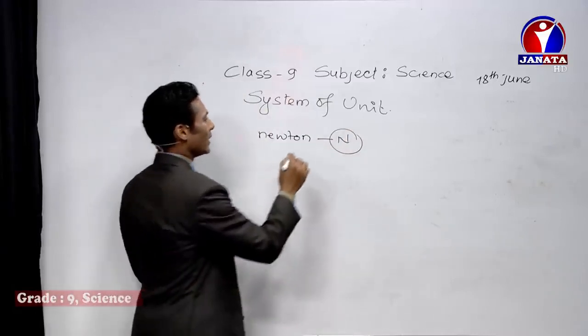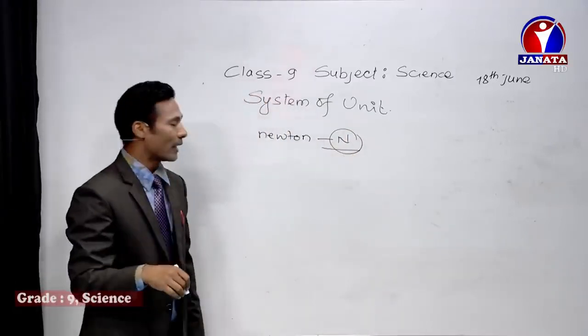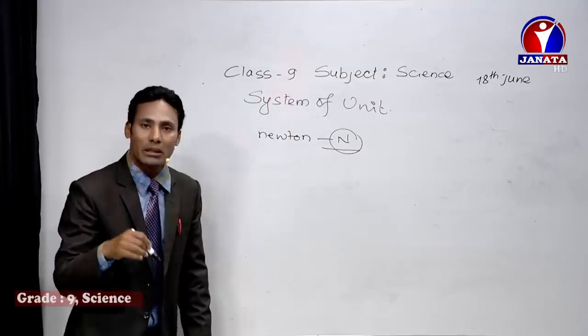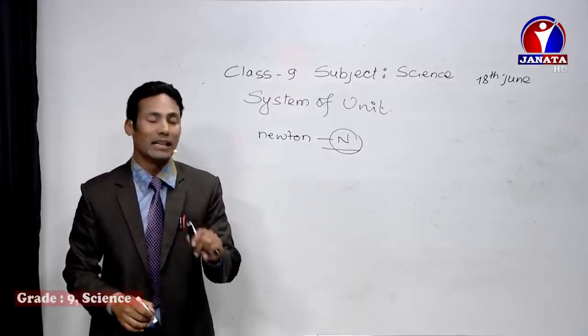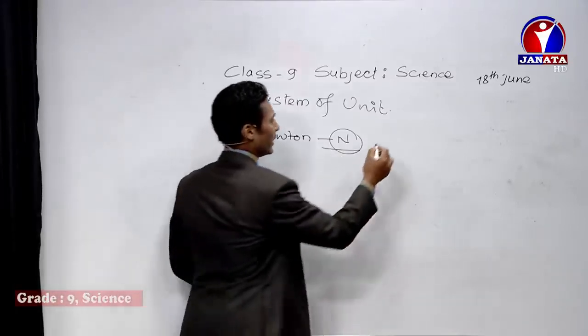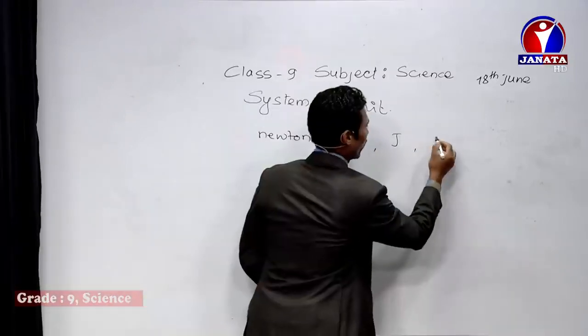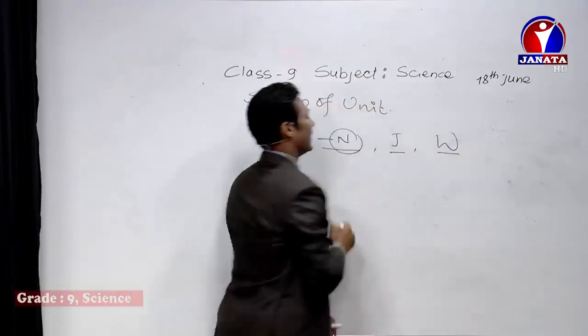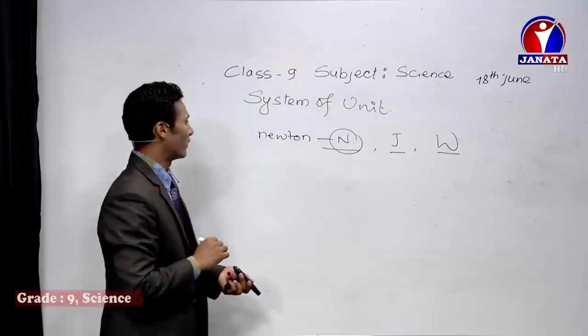So remember that for the units which are given for honoring a scientist, the symbol must be represented by the initial capital alphabet of their name. Newton, Joule also, right? And Watt also. So these symbols must be represented by the capital alphabet, right?